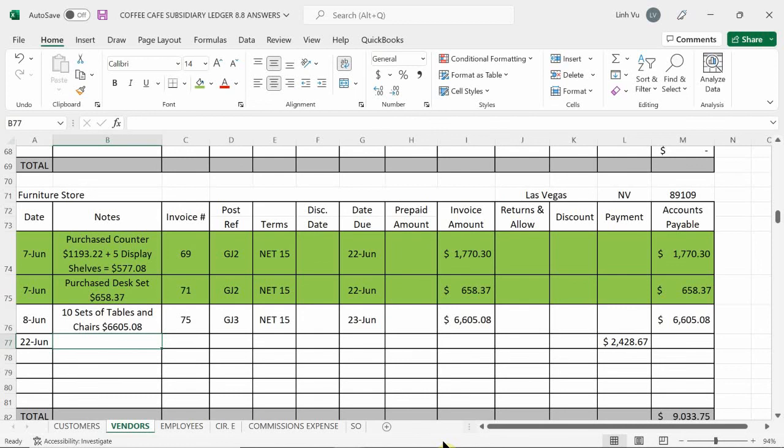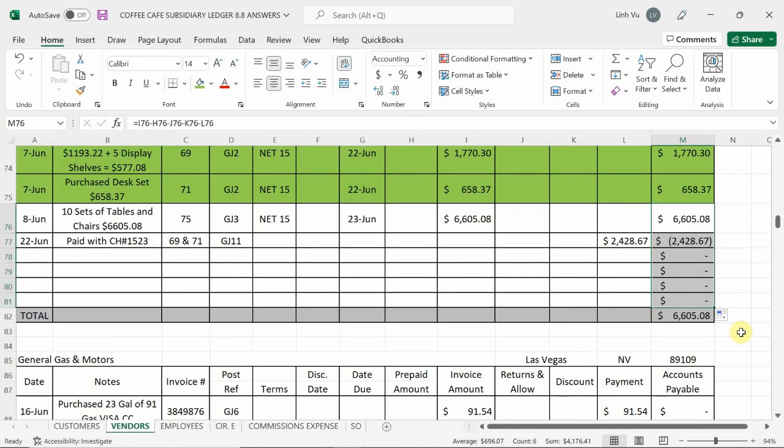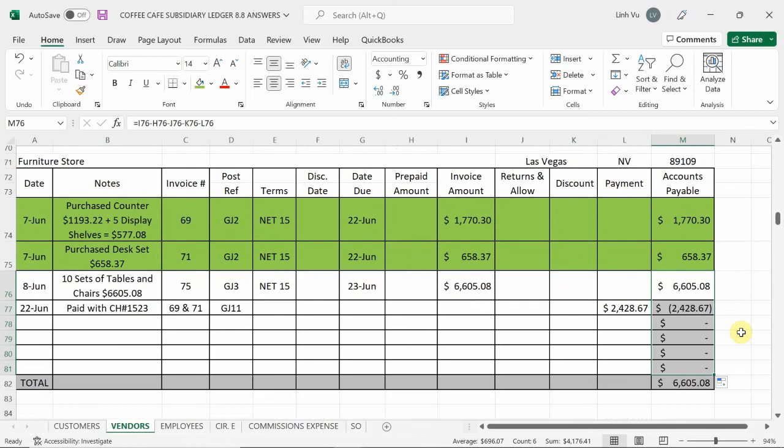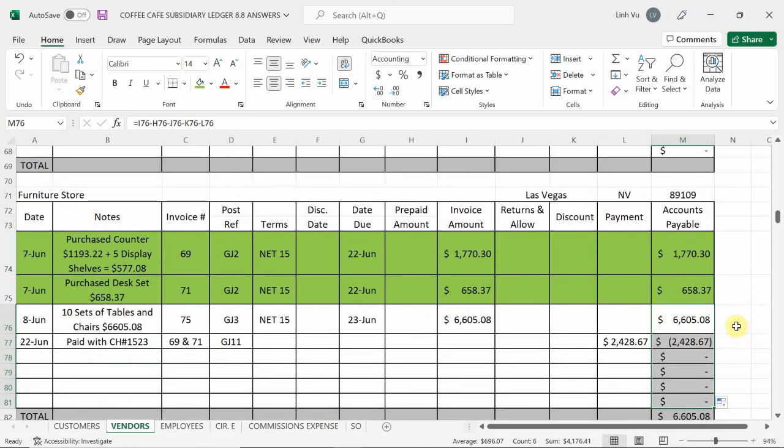So in this case, what was my proof of payment? Check. For what invoices? 69 and 71. For a total of $2,428.67. So therefore, you owe $6,605.08 for your tables. Okay, good.